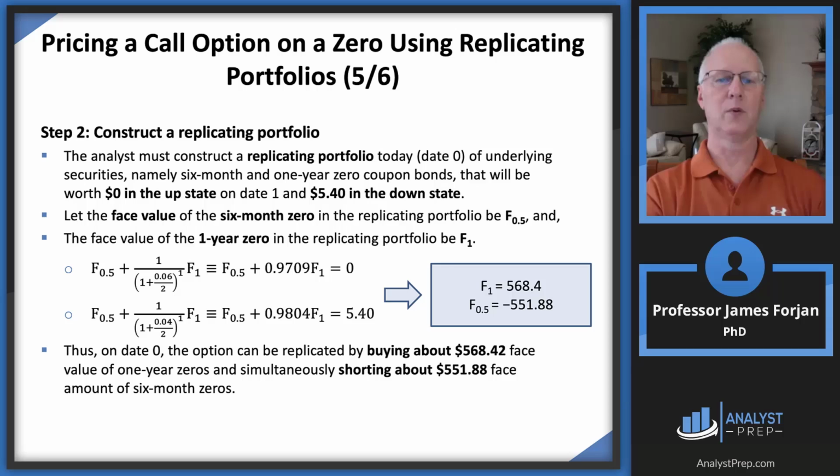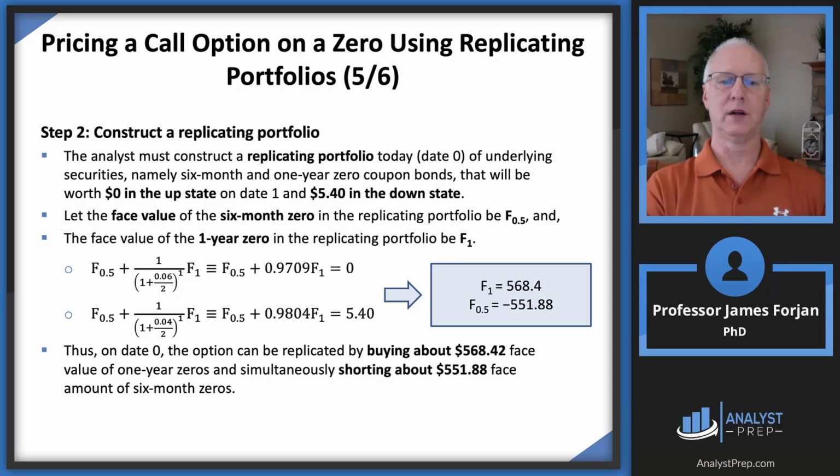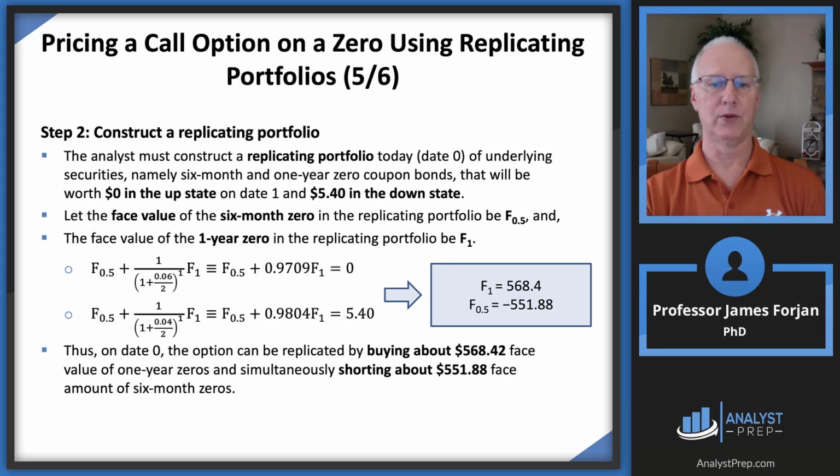And look at this circle point. We're going to have the face value of the 6-month zero plus the face value of the 1-year zero. And of course, that has to be a present value, right? So we're going to divide by 1 plus 3%, and we're going to force that to be equal to 0.